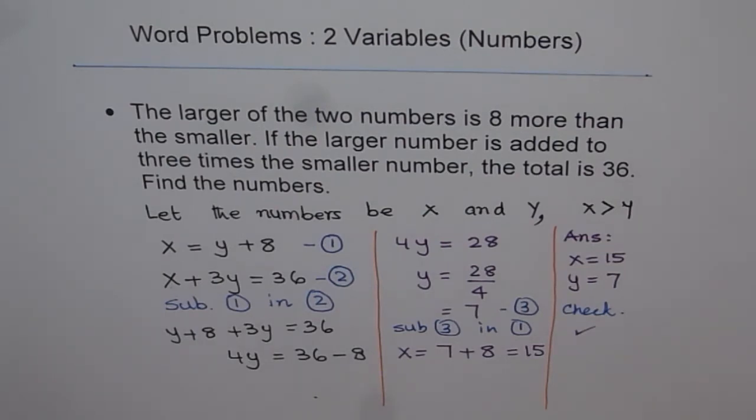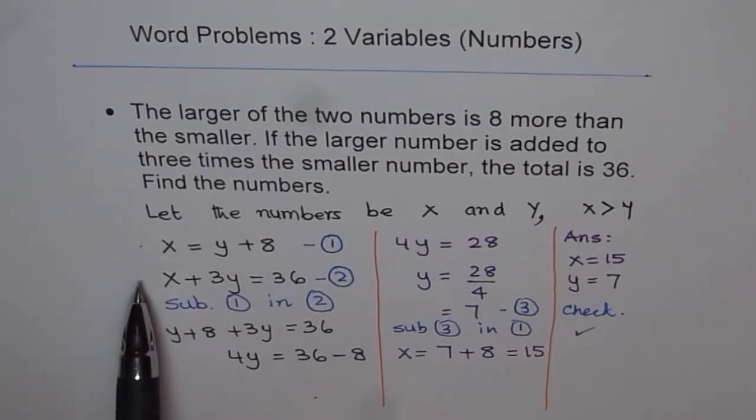My concentration here is on following the steps to solve a question. So the steps are: number 1, read the problem carefully so that you know what variables are to be defined. Then you define your variables. After that, read the problem again to write down the equations, as we have done here. Remember, if you have two variables, then you should have two equations to solve for them.